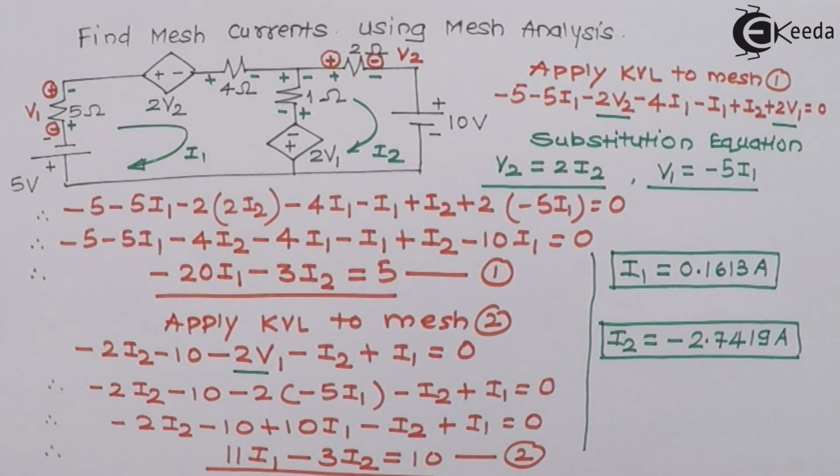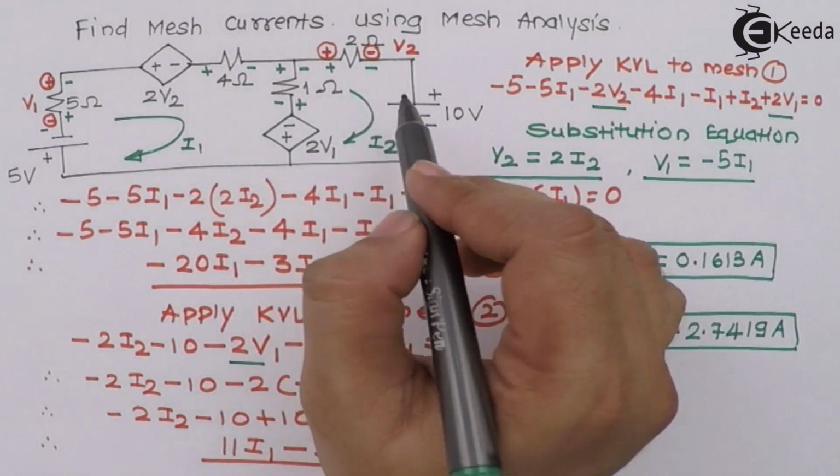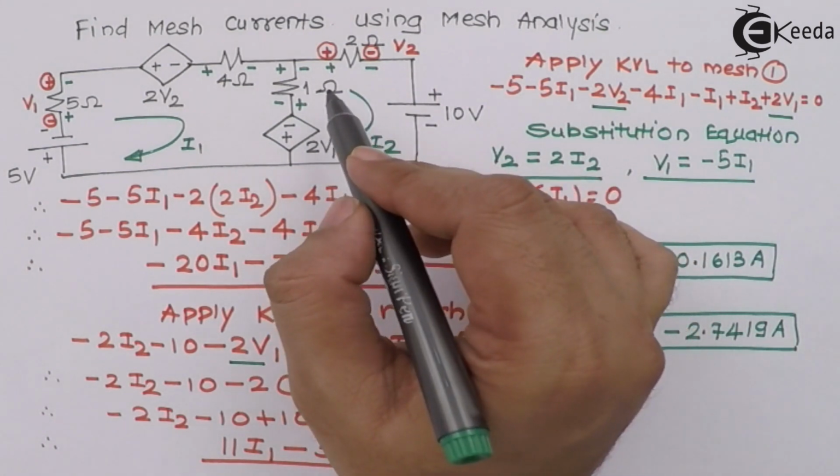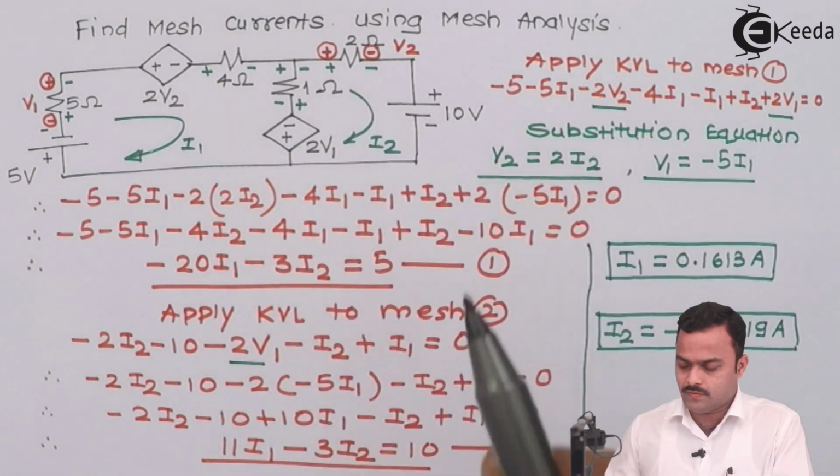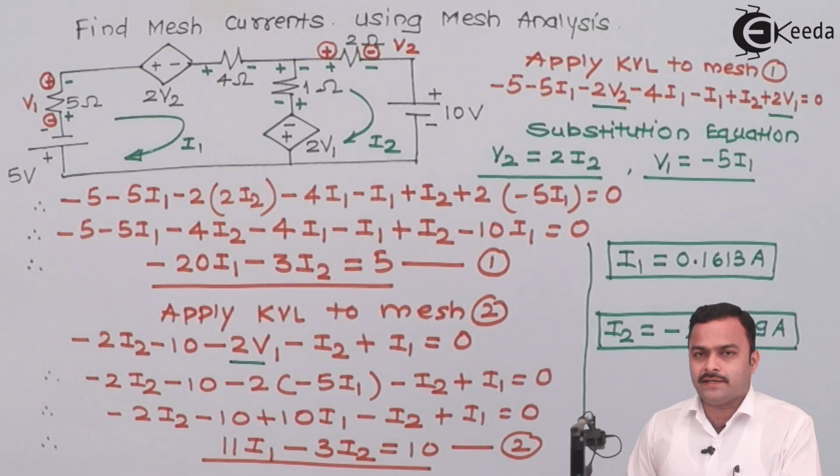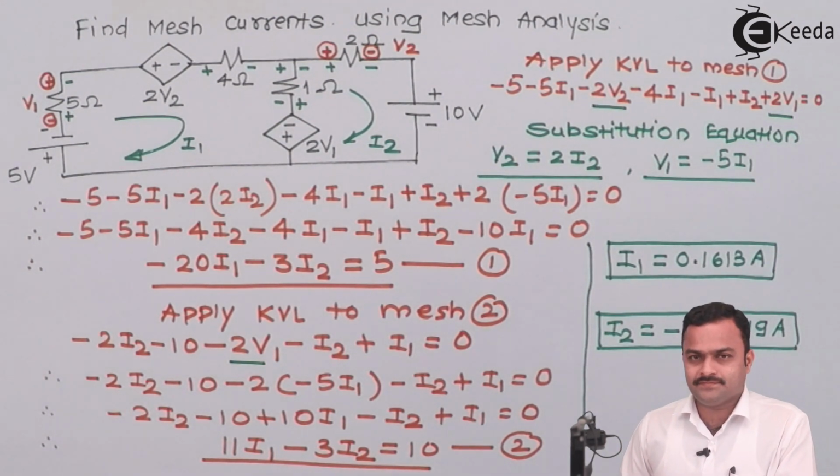As minus represents that whatever direction we have assumed, clockwise, needs to be changed and should be made anti-clockwise. So this is the final answer for this problem. Thank you.